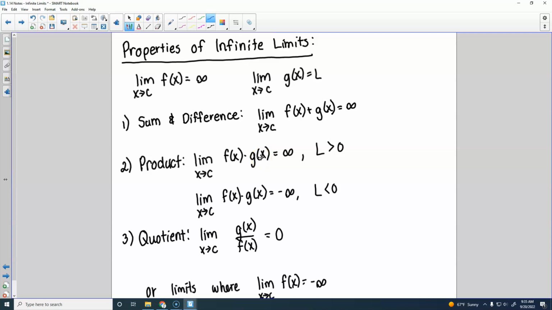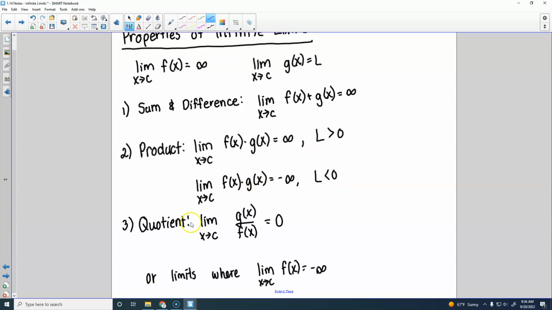If we got f times g, we're either going to get positive or negative infinity, depending on whether or not the g is positive or negative, right? So if this L value is bigger than 0, we'll get positive infinity. If it's less than 0, we'll get negative infinity.